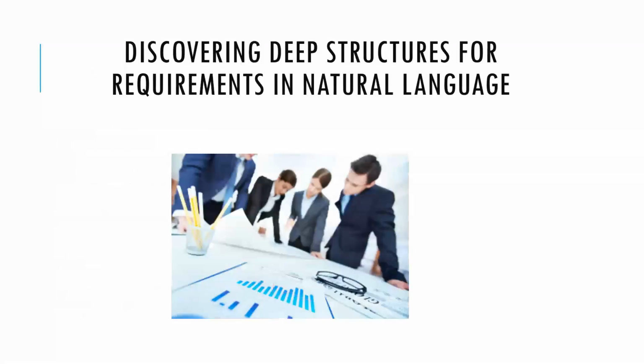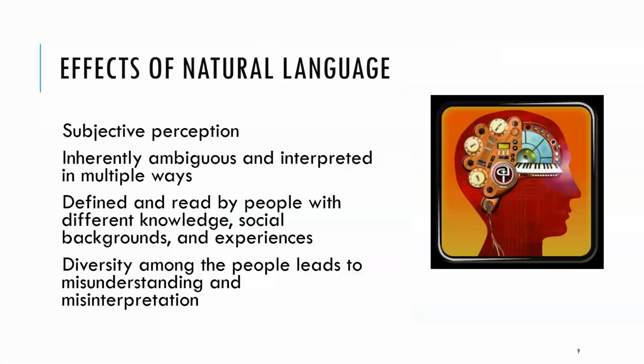The third aspect that I want to talk about is that stakeholders often express requirements in natural language, which we convert into models and specifications. And often the stakeholders are expressing it in a way that is subject to perception, generally ambiguous, and can be interpreted in multiple ways.